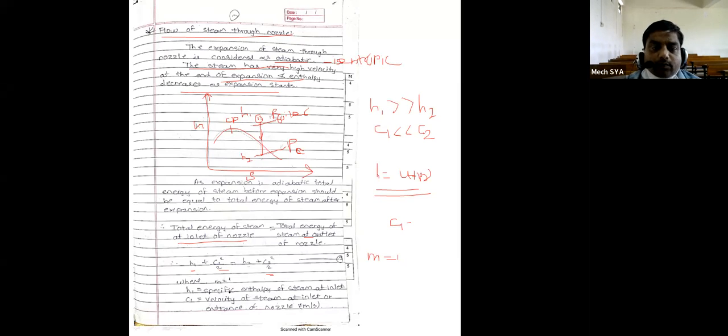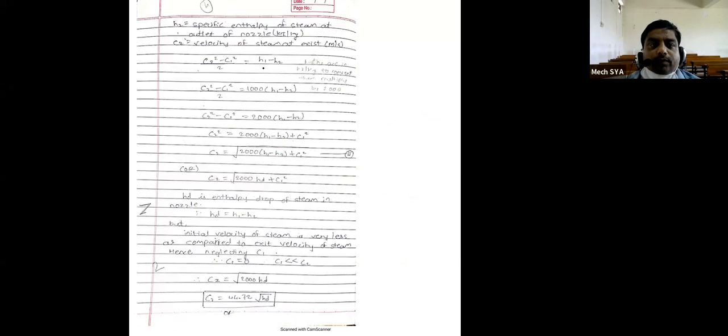So H1 is the specific enthalpy of steam at inlet. C1 is the velocity of steam at inlet or entrance of the nozzle. Similarly, H2 is the specific enthalpy of steam at outlet of the nozzle in kilojoule per kg, and C2 is the velocity of steam at exit in meter per second.